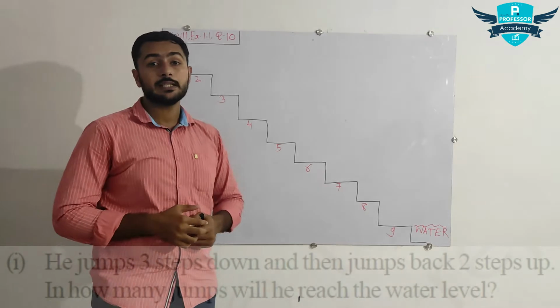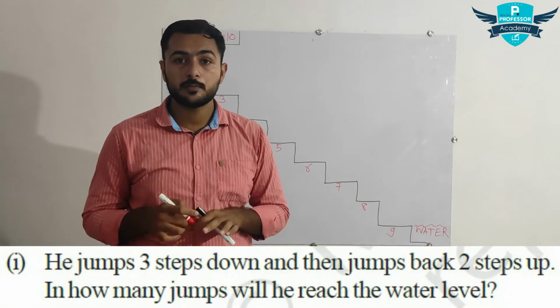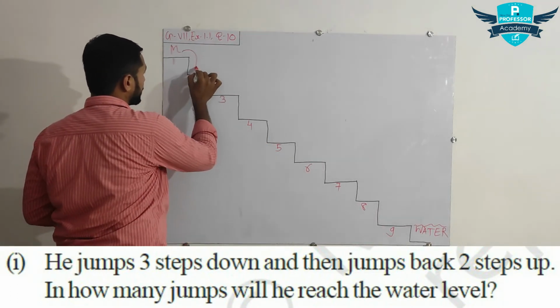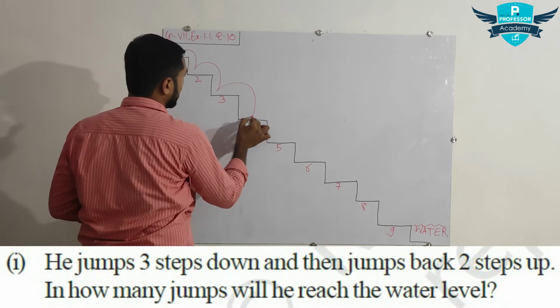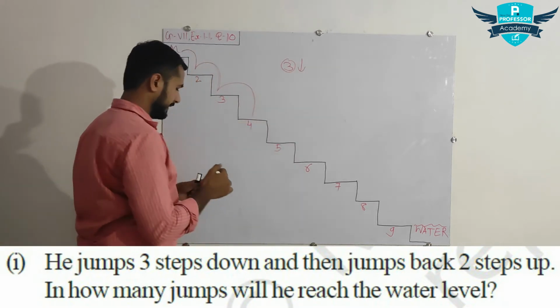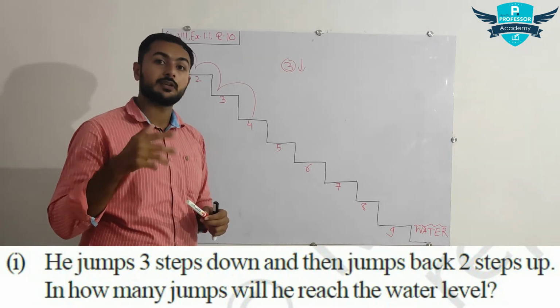Now, first of all, they said that whenever the monkey jumps, what will he do? He will jump three steps downwards and two steps backwards.